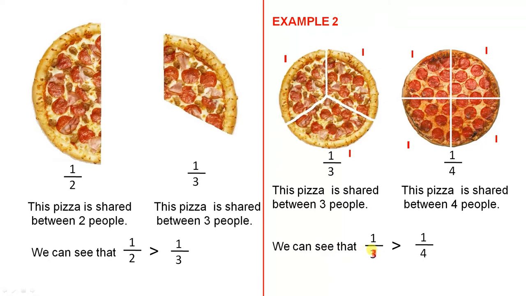We can see that 1/3 is greater than 1/4. In other words, this portion here, that one there, is greater than that portion there. And that is why 1/3 is greater than 1/4.